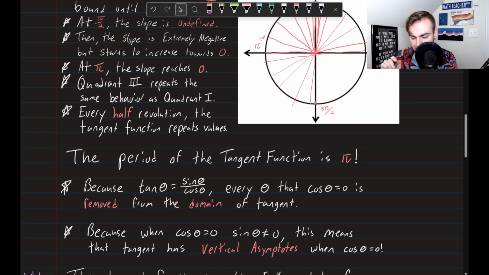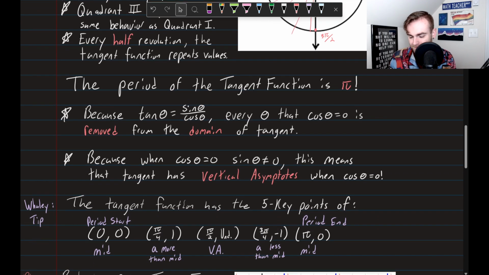And when that happens, when the cosine is 0 and the sine isn't 0, we remember back all the way back to Unit 1 that for rationals, if the 0 is unique to the denominator, that means vertical asymptotes. So when this happens, we're going to end up with vertical asymptotes for tangent. In fact, it's going to have an infinite number of repeating ones, which is really awesome.